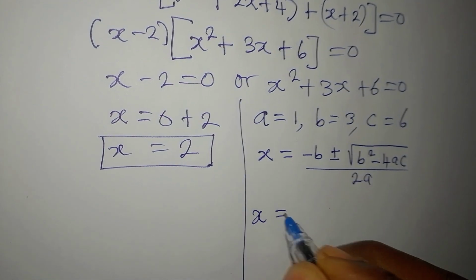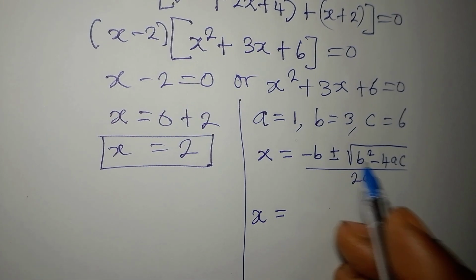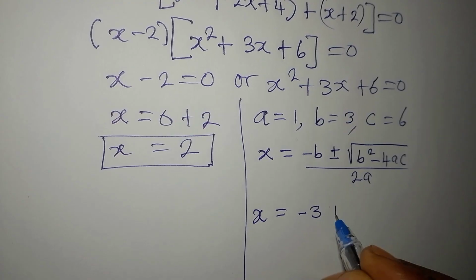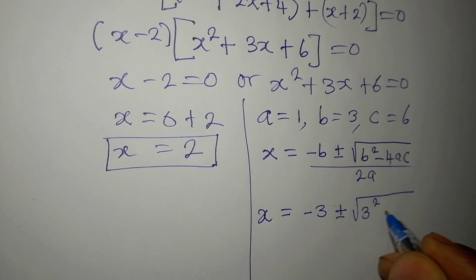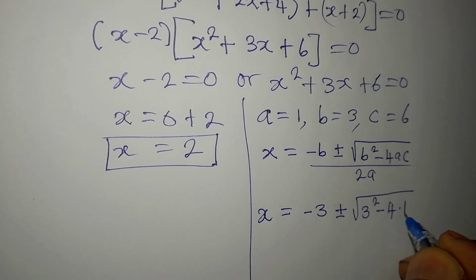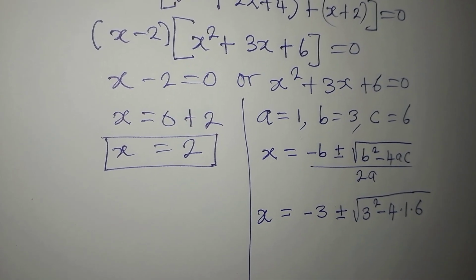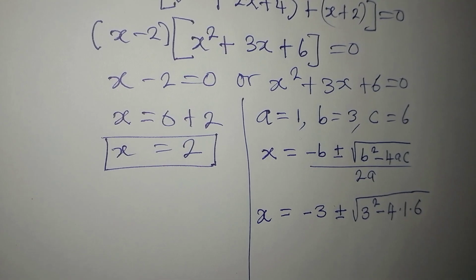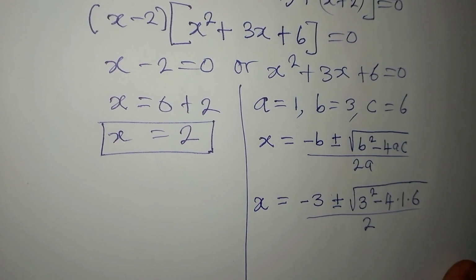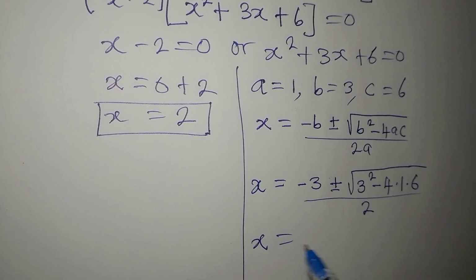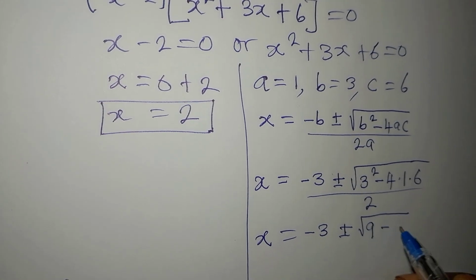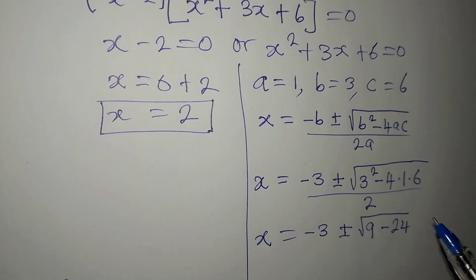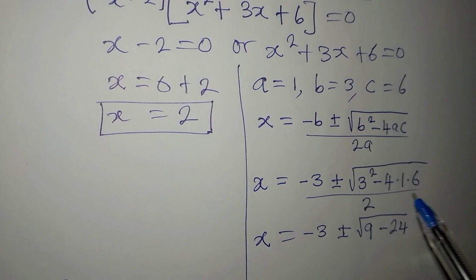So our x will now be, in place of minus b, I'll write minus 3 plus or minus, b squared becomes 3 squared minus 4 times a times c, because a is 1 and c is 6. We'll now divide by 2 times 1, which will still give us 2. Now our x is minus 3 plus or minus square root of 9 minus 24, because 4 times 1 times 6 is 24.